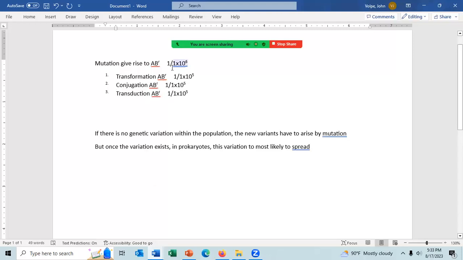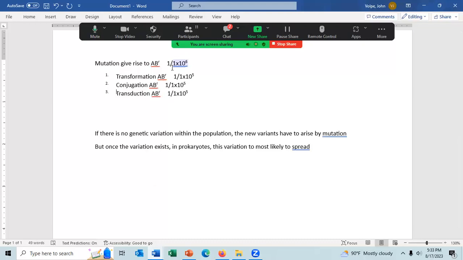And the human population is over 1 million, right? In fact, it's almost 8 billion. So in the eye color gene, every once in a while, the brownish-eyed allele will mutate to the blue-eyed allele, and vice versa. The blue-eyed allele will mutate to the brown-eyed allele. It's not going to happen very often.